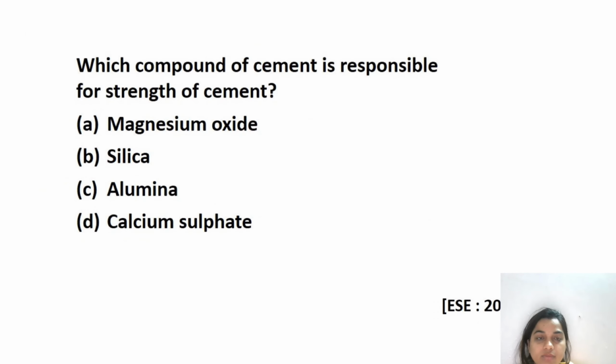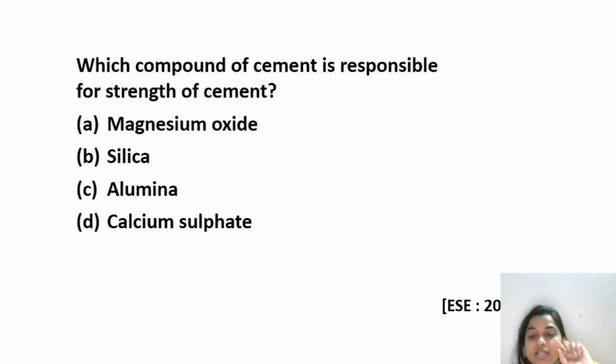Next, some important questions related to the different constituents of cement. The first question: which compound of cement is responsible for the strength of the cement? For strength, two constituents are responsible, lime and silica. Lime is in maximum percentage and silica is below lime. If lime is not shown in the options and silica is, then the correct answer is silica.